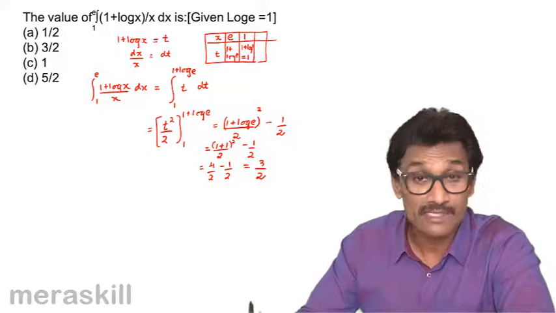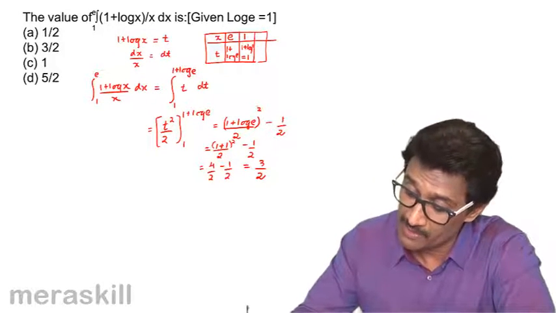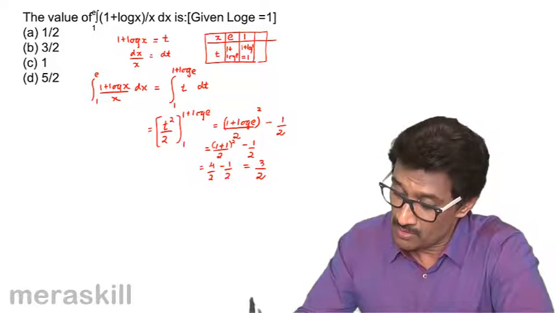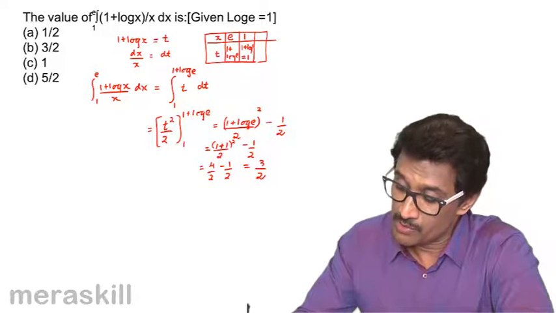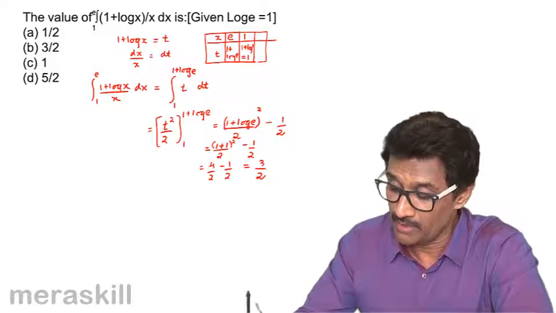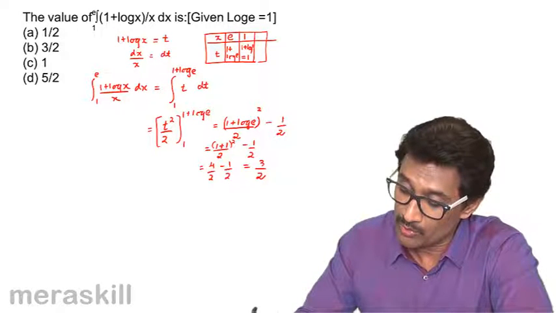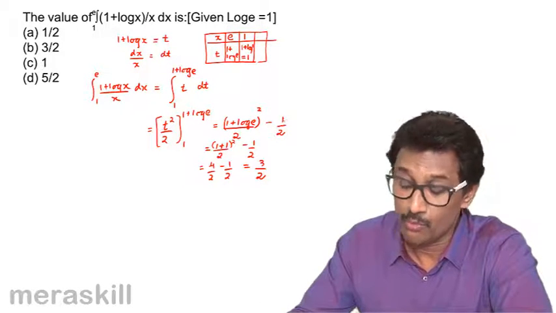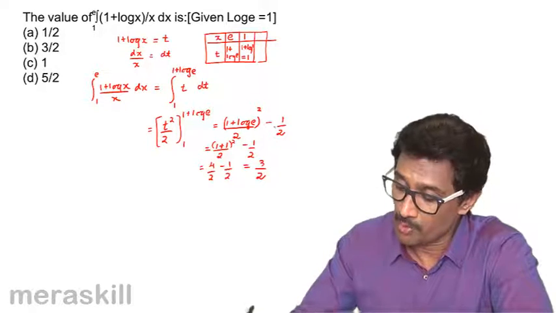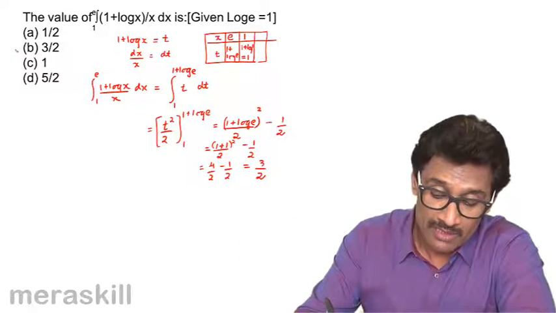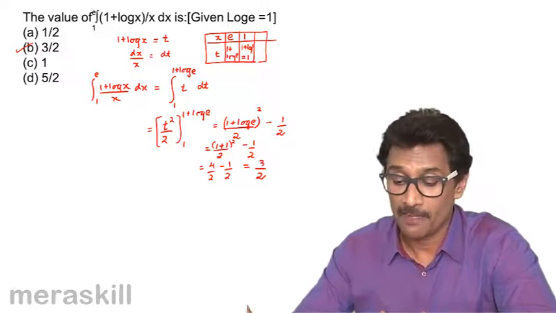Remember, the whole thing is not squared, it is just 1 plus log e the whole square. So instead of log e you can put 1, because log e value is nothing but 1. So instead of t square you put 1 plus log e the whole square, then again instead of t you put 1 square, which is 1 upon 2. So it's going to be 4 by 2 minus 3 by 2. So among these, 3 by 2 is the answer.